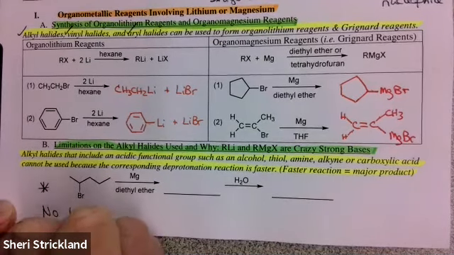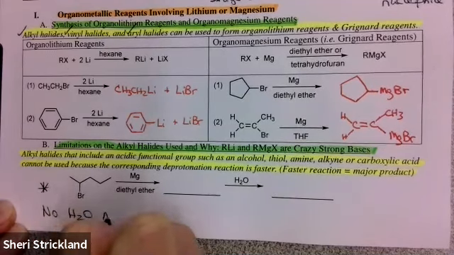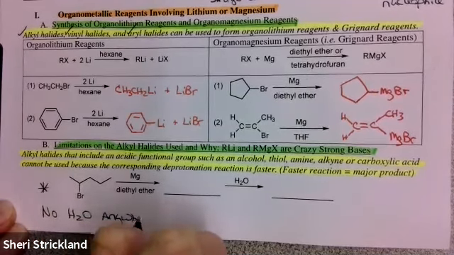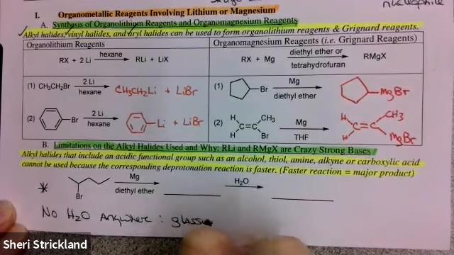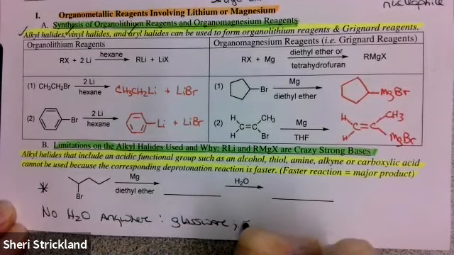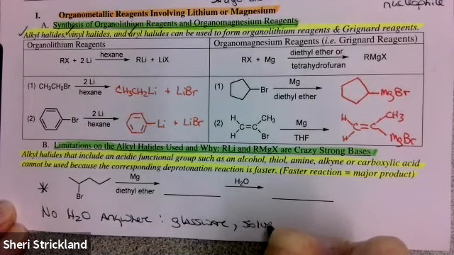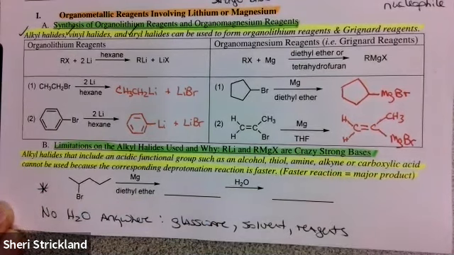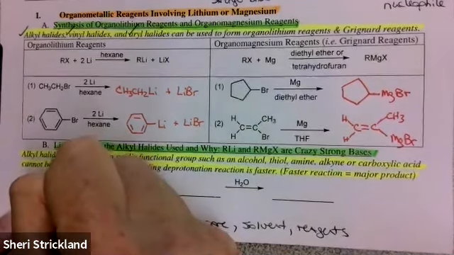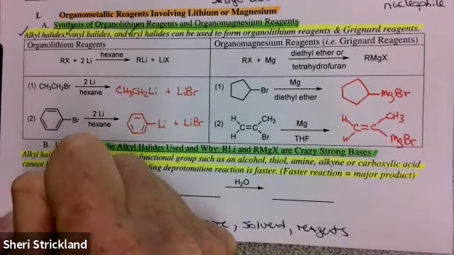So, no water anywhere. Not in your glassware, not in your solvent, not in your reagents. Because if you do, what's going to happen is this. Okay, so remember there's a hydrogen there.